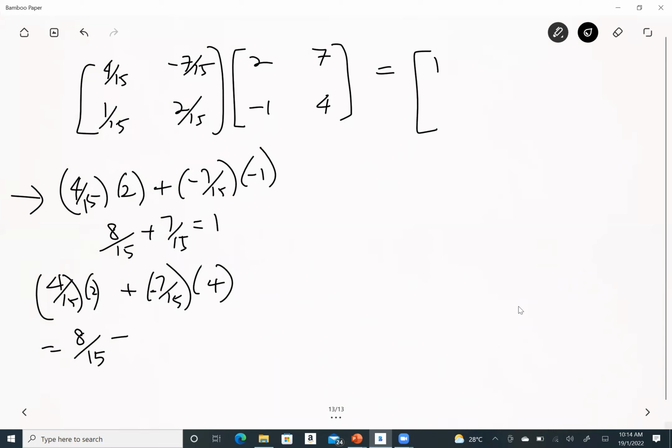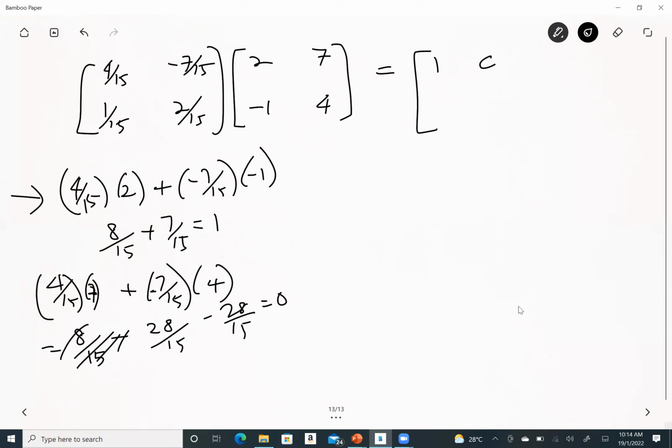Oh, this is 7. 4/15 times 7. So you got 28. If I did it with 2, I got 8/15 minus 28/15. Not 0, so check again. It turns out I multiplied with 2, which is wrong. We should multiply by the second column. That is the correct multiplication. So 28/15 minus 28/15. So I got 0.